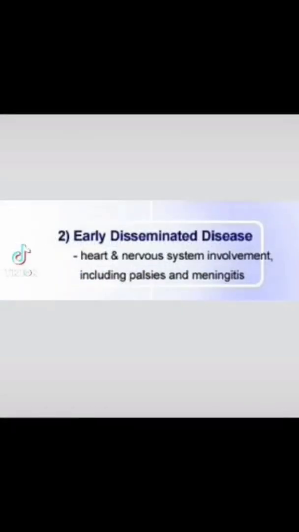The second stage, beginning weeks to months after infection, may include arthritis, but the most important features are neurologic disorders, for example meningitis, neurologic deficits, and carditis. This is a result of the hematogenous spread of spirochetes to organs and tissues.